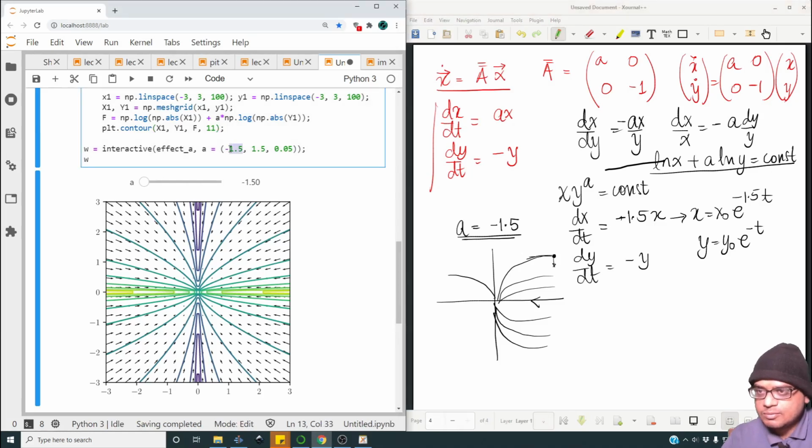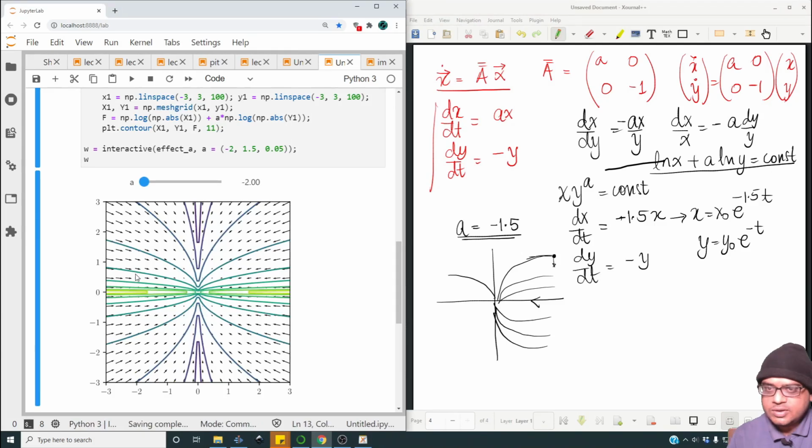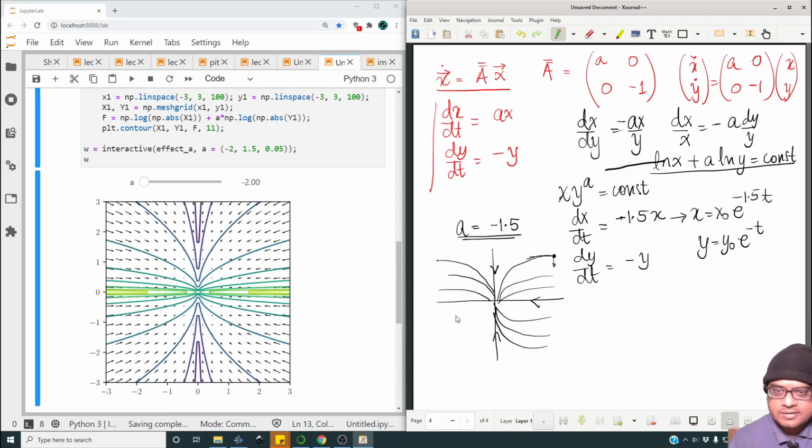In fact, let me make this minus 2 to make it more emphatic. Okay, this makes it more emphatic. It's something like this. Okay, so the y-axis also attracts and the x-axis also attracts. So if we choose a point on the x-axis, that is y equal to 0, the equation will be simply this, and the point will go towards the origin.